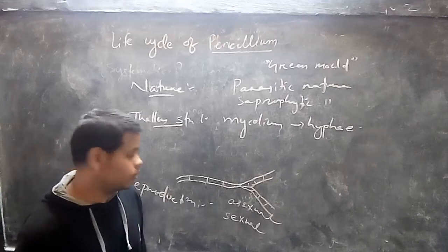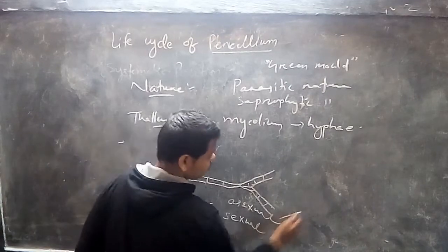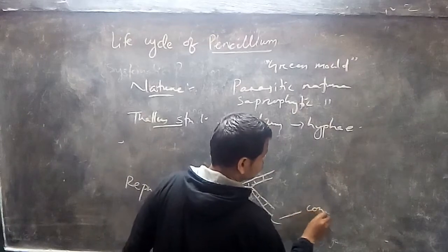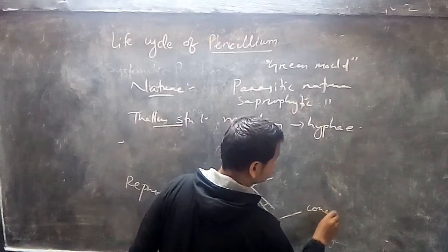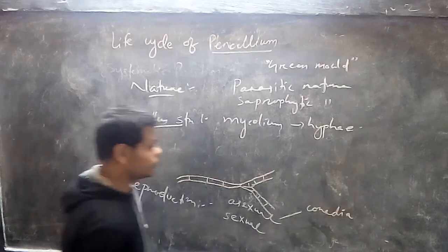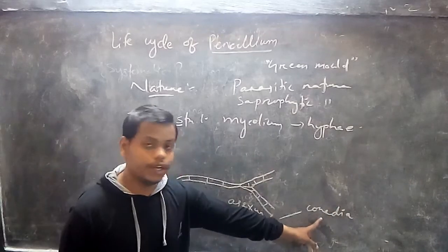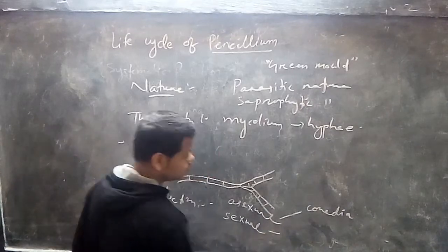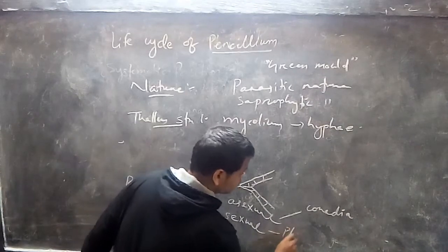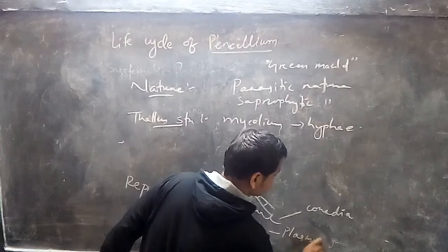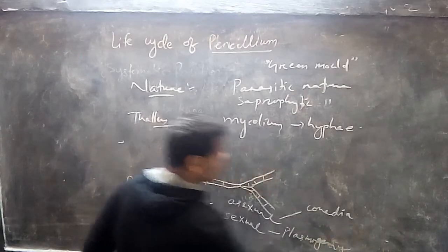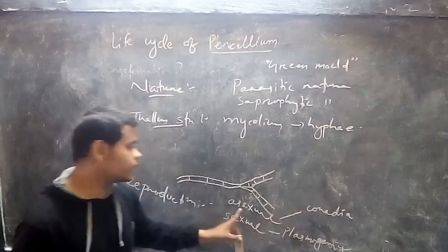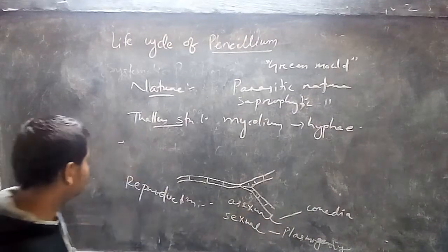Asexual reproduction occurs by means of asexual spores called conidia, and sexual reproduction occurs by a process called plasmogamy. Now we are going to discuss first the asexual reproduction of Penicillium.